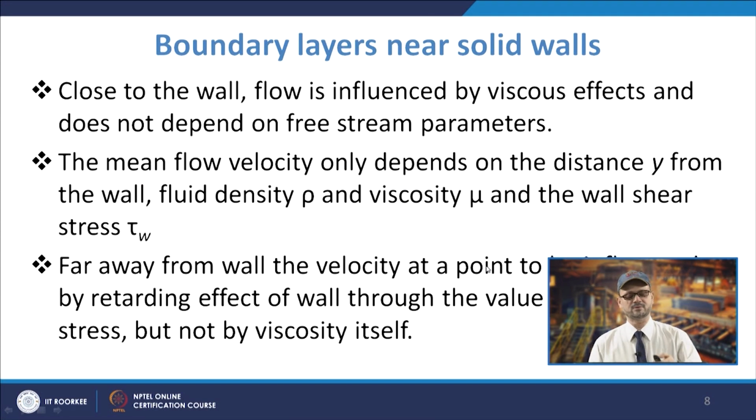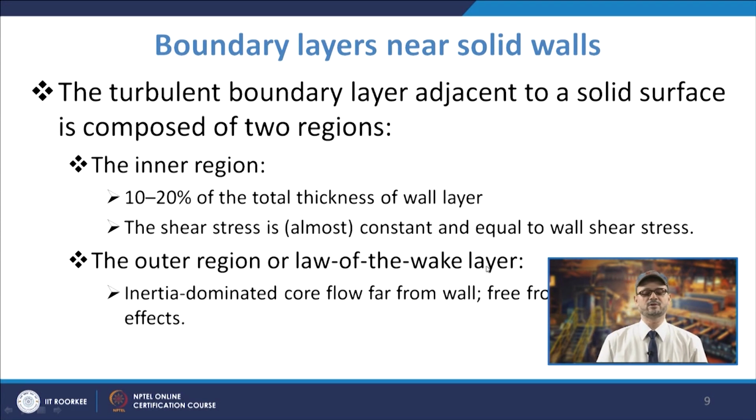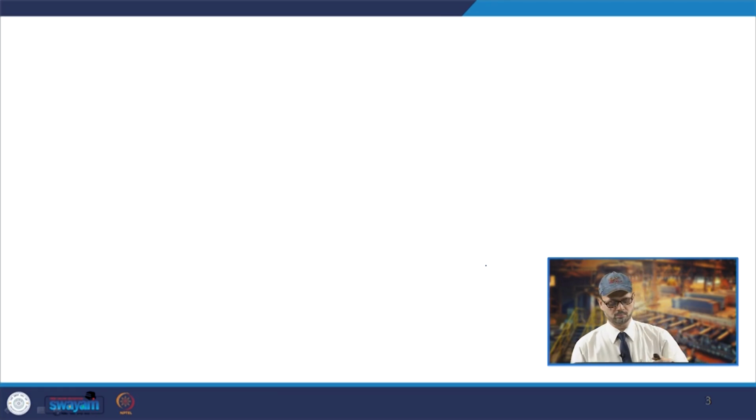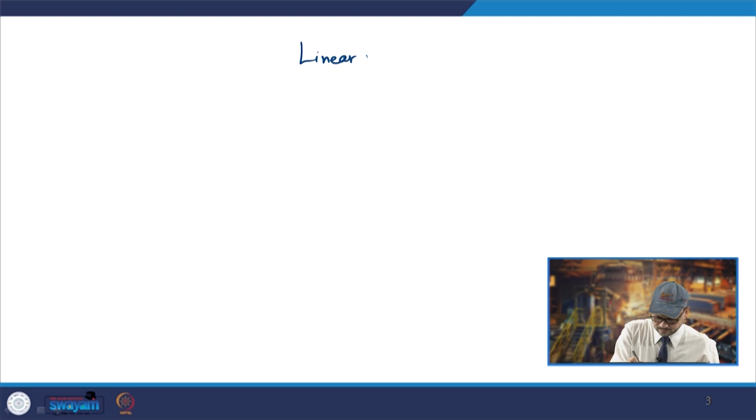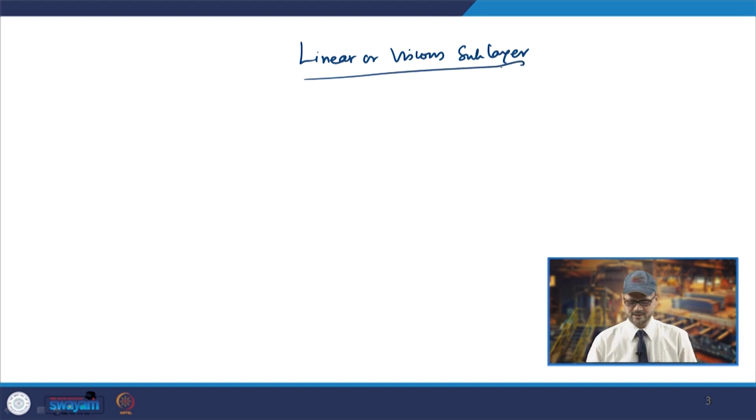Now, we move to the linear or viscous sublayer. In the linear or viscous sublayer, the fluid layer is in contact with a smooth wall.